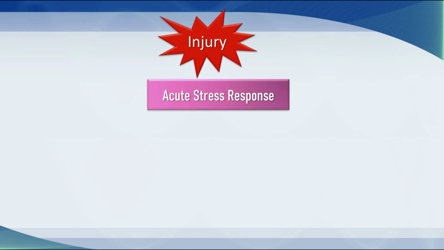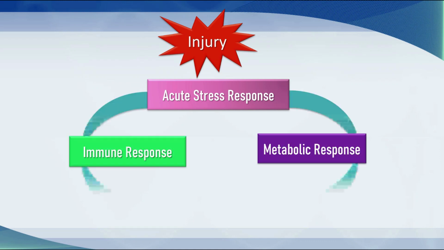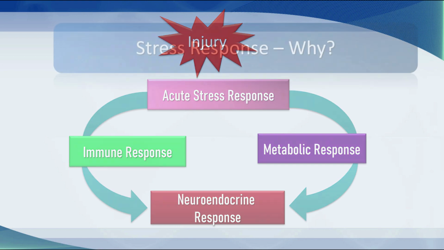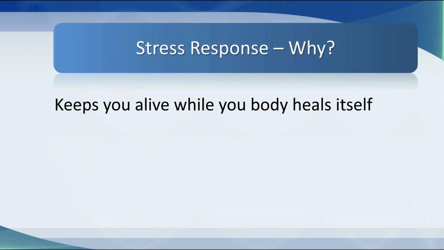It's an adaptive response that happens when there's an injury, and then all sorts of things get activated, and they can be easily delineated into 3 things. First of all, there's an immune response, there is a simultaneous metabolic response, and then there is activation simultaneously of the neuroendocrine system. The purpose of this is essentially to keep the patient alive and give the body a chance to heal itself. It is fully adaptive.